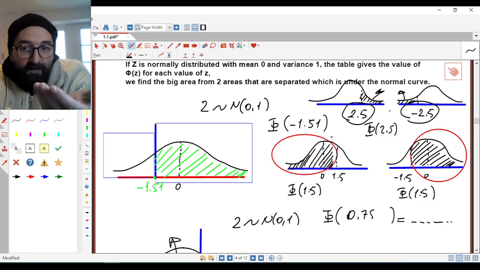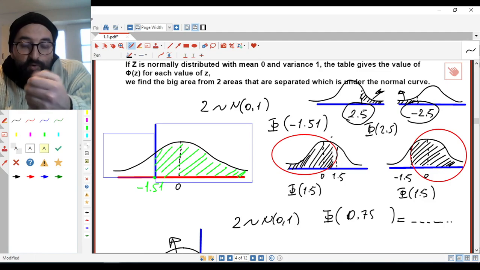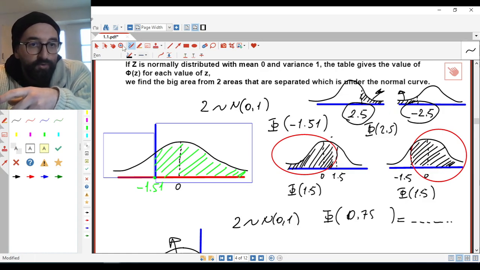So it's enough to find the positive value. We don't need negative values.